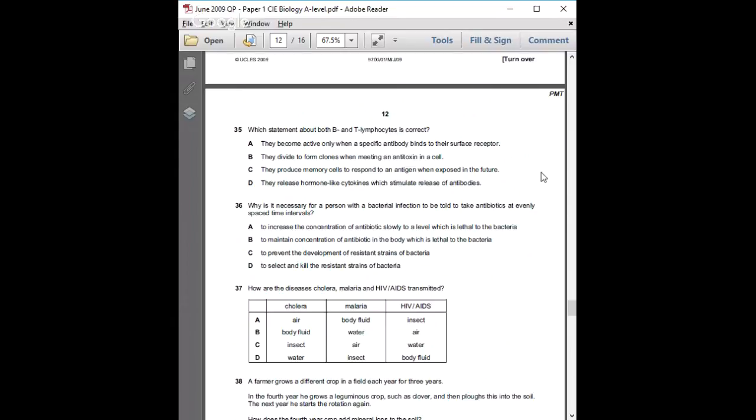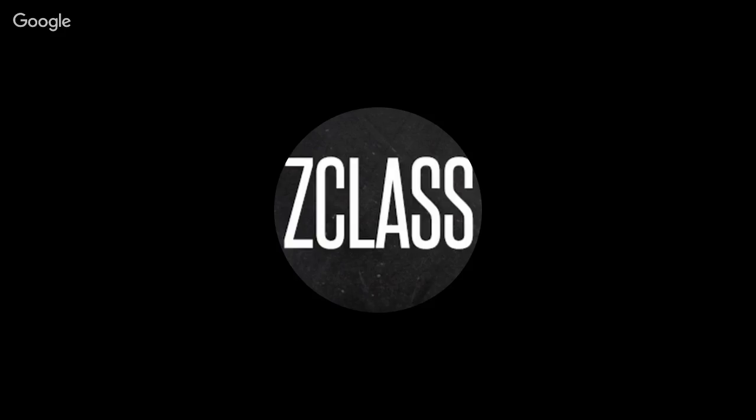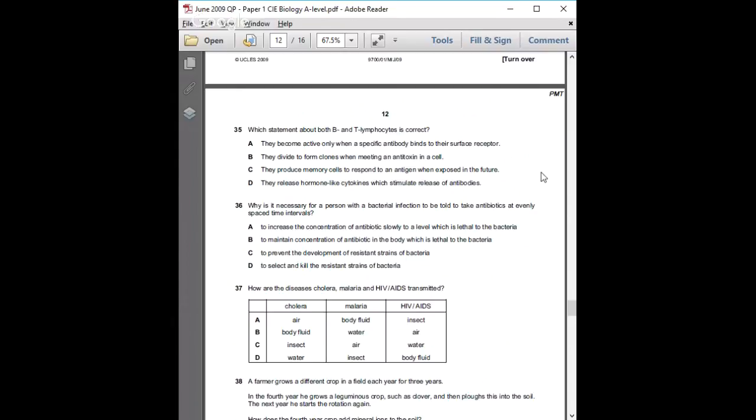Our primary concern is treating the patient, and the secondary concern is the public health problem of resistant strains of bacteria. So primarily, you want to keep that concentration over the minimum therapeutic dose, and secondarily, you want to finish the course so that you don't have the development of resistant strains.